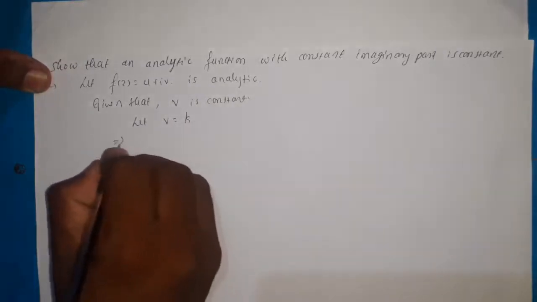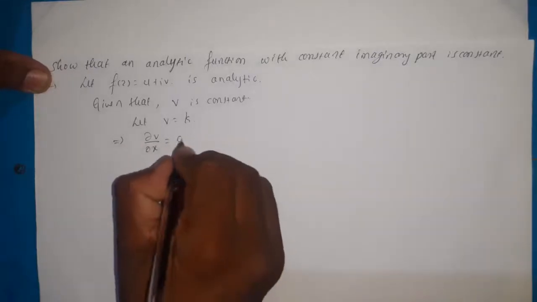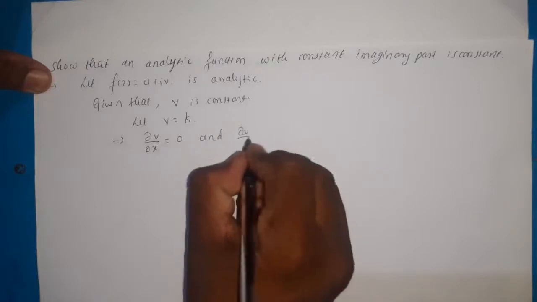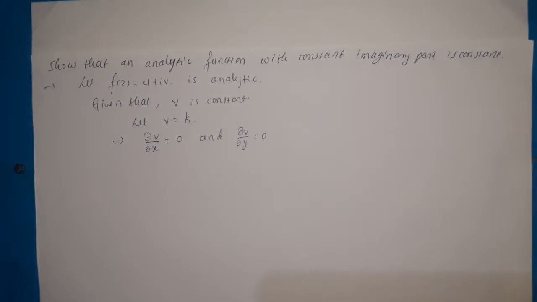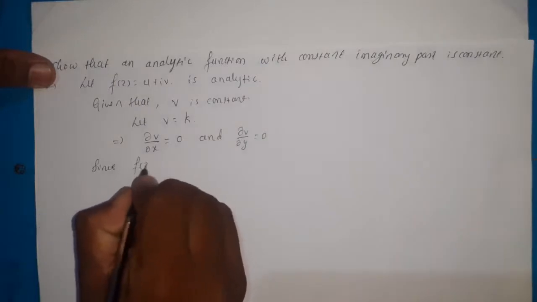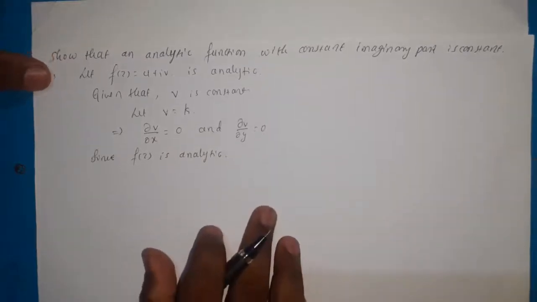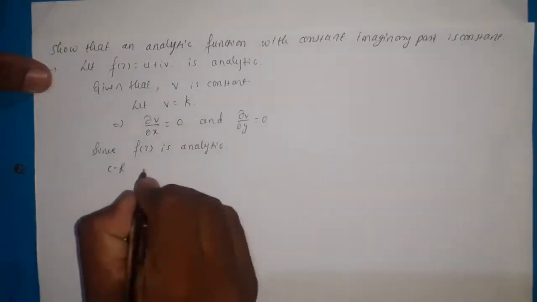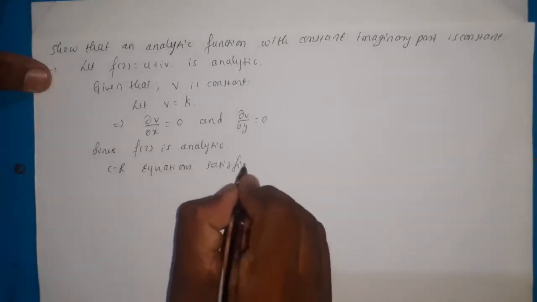So, if it is constant, then the derivative of that function with respect to x is 0, and also dou v by dou y is also 0, because the derivative of a constant function is always 0. It may be with respect to x or y. Now, since f of z is analytic, CR equations are satisfied.